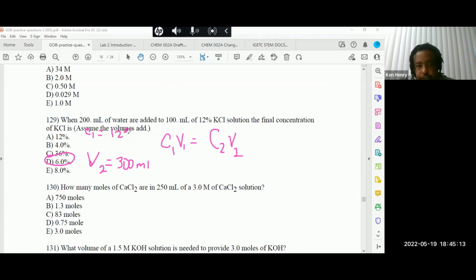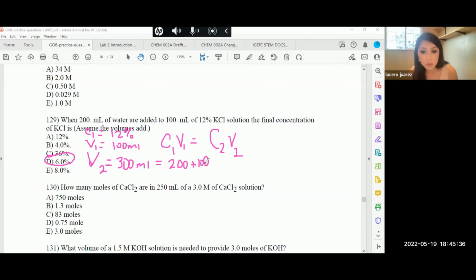That would be our concentration. V1 equals 100 mils. And then just so we remember, our V2 was the 200 plus the 100 that we already have. And we're trying to get C2. That's right. We're calculating what C2 is.